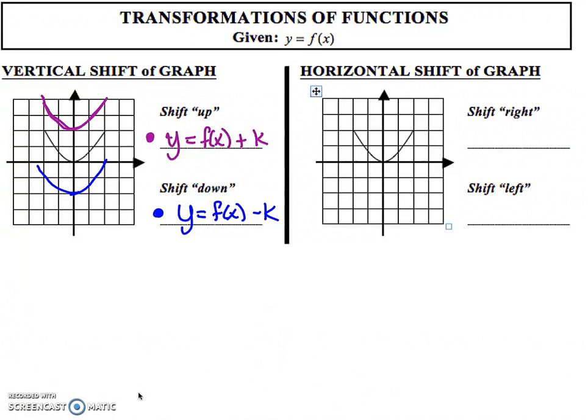Horizontal is going to either shift our graphs left or shift our graphs right. So I'm going to start with the left-hand shift here, keep with the blue. So this is going to look like y equals f of x plus h. Now these horizontal shifts are always confusing because they are opposite of what you would expect.